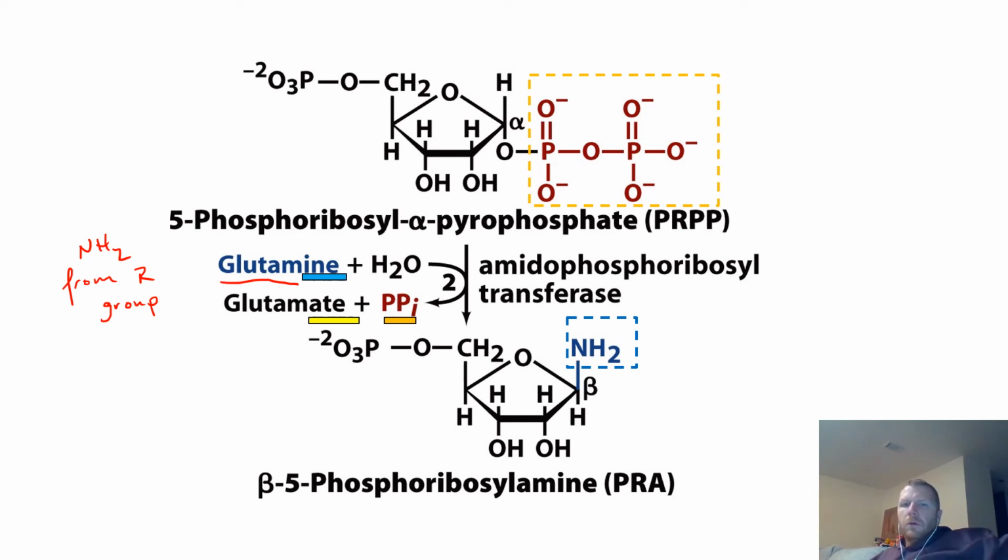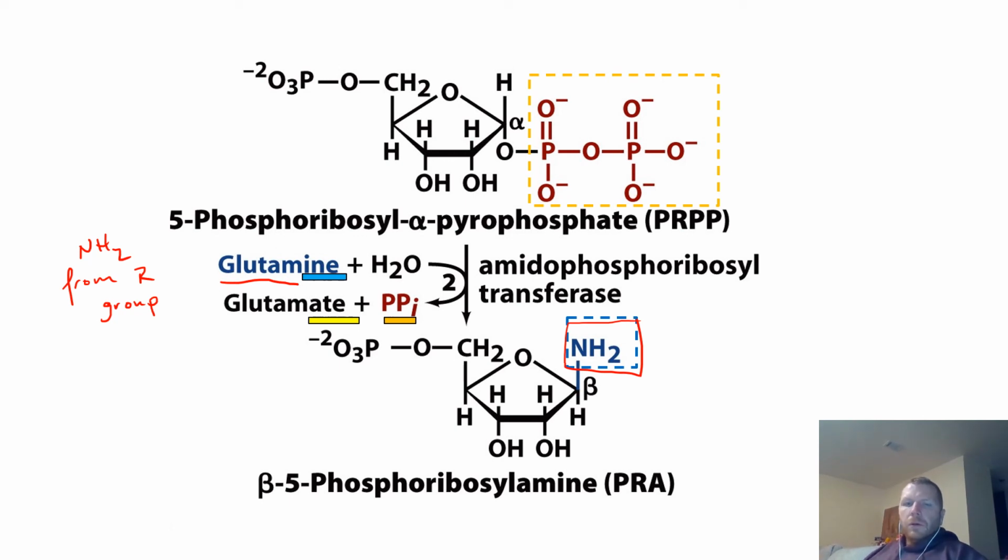Okay, so wouldn't you know it, after we've talked about almost nothing but transamination reactions with our amino acid metabolism, once we get into nucleotide metabolism, lo and behold, our second reaction is a transamination reaction. So glutamine's R group contributes this nitrogen that ends up on our molecule PRA, beta-5-phosphoribosylamine.